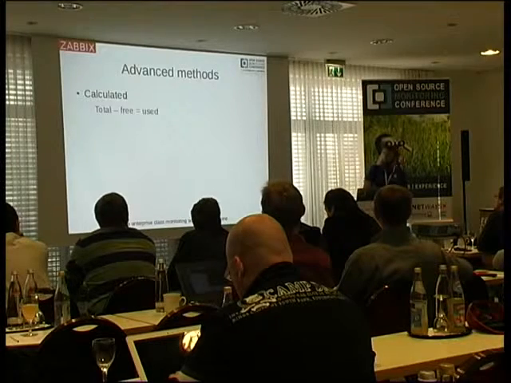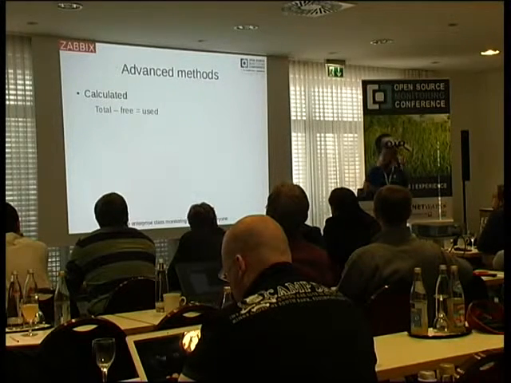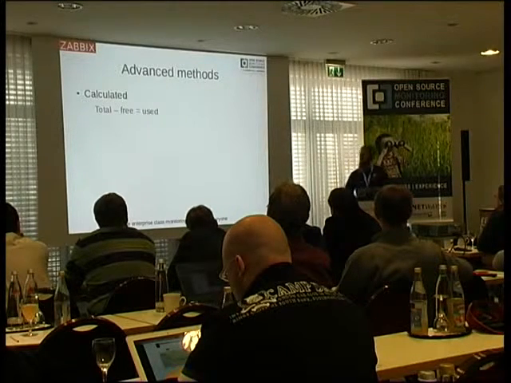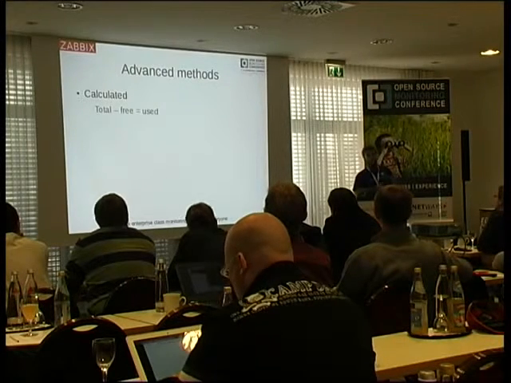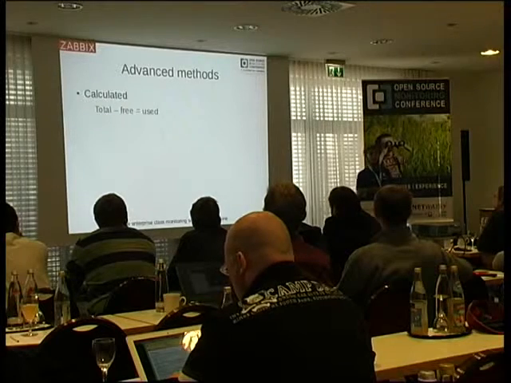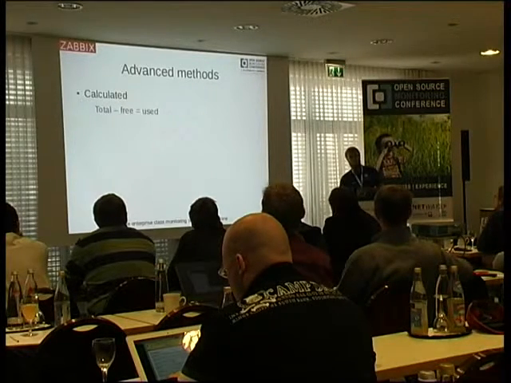Zabbix also offers several built-in advanced methods for data gathering, and one of these, this is a new one since we last met 2 years ago. It's a pretty great one, and it allows to calculate some value out of other already collected values. So you can grab some things, do some mathematical operations on them, store the value as any other normal item, which can then be graphed.